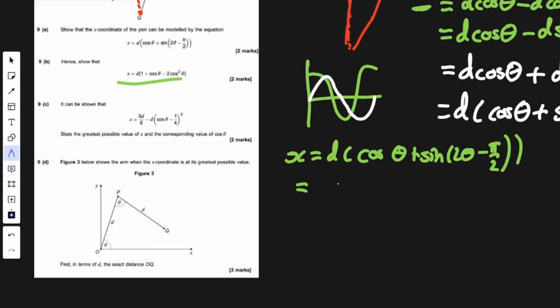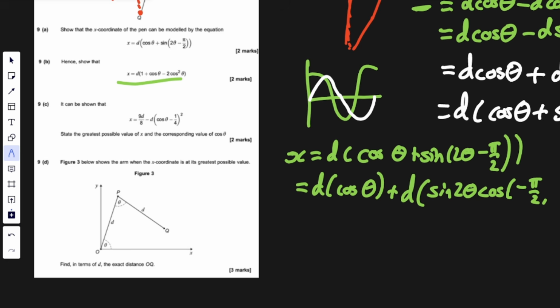So to do that, let's split up the sine. So d times cos theta plus d times, well, it's going to be sine 2 theta cos minus pi on 2 plus sine of minus pi on 2 cos of 2 theta.